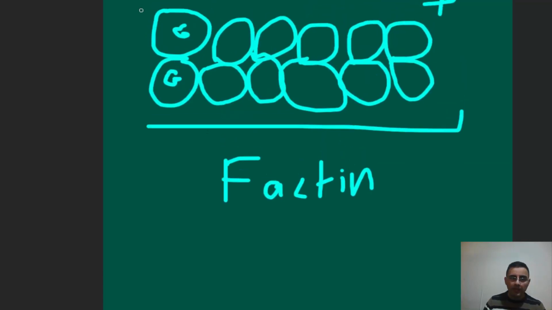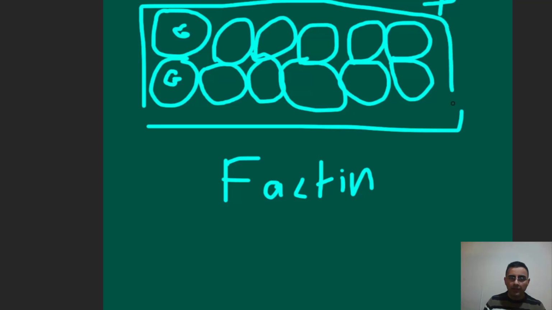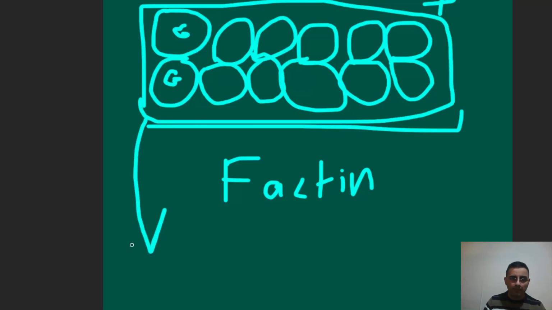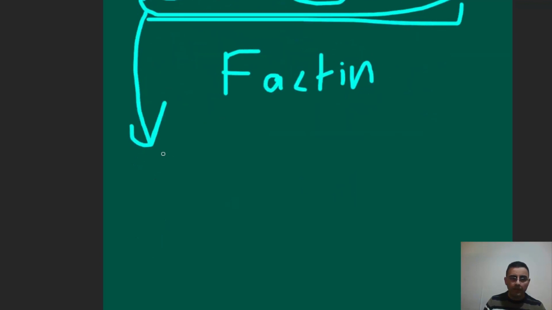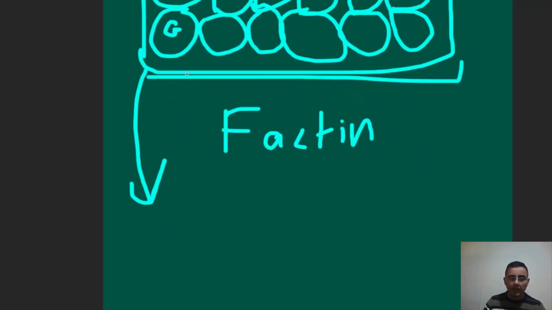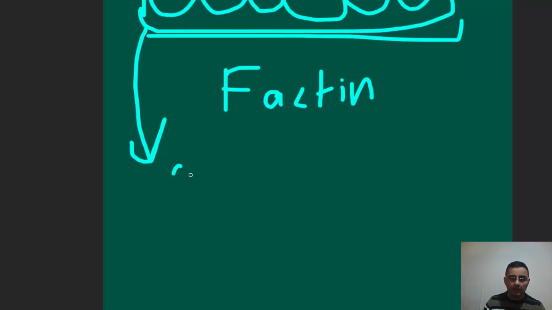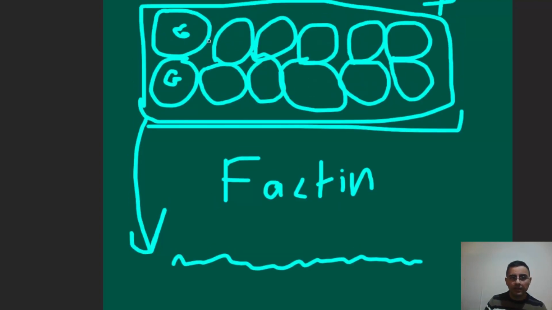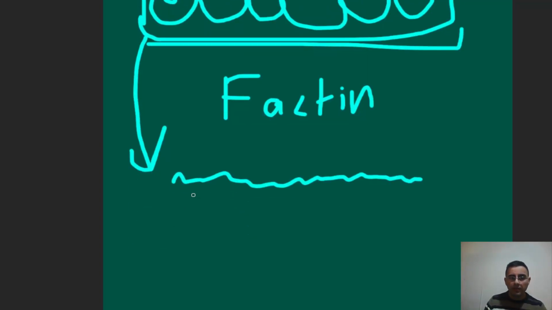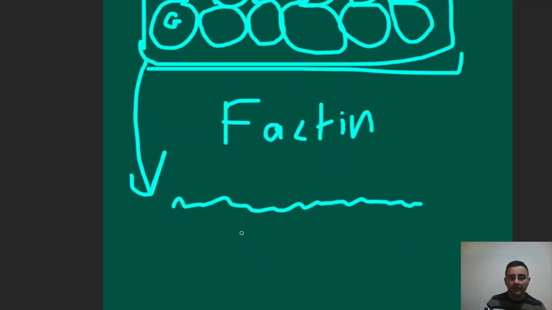This structure F-actin, let's paint it here a little, without the globular structure, and we can imagine that it's a little variant of this picture.